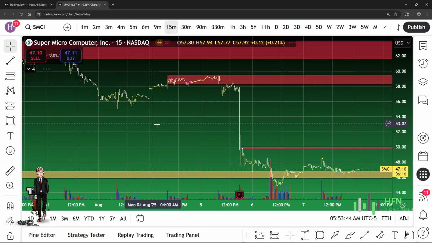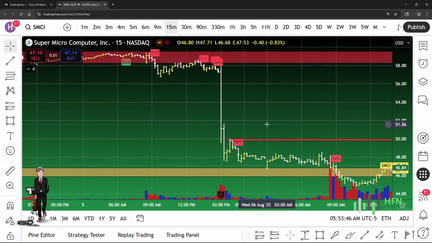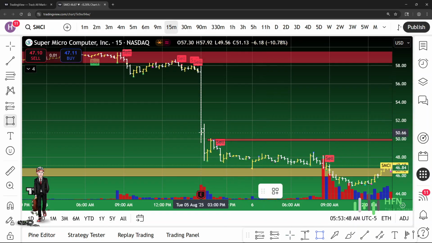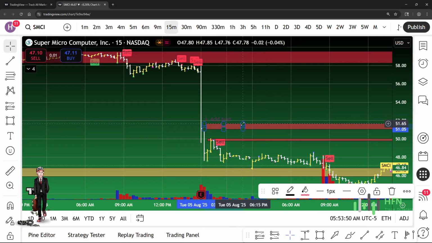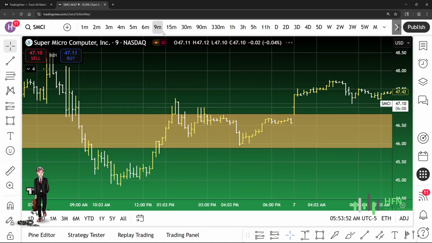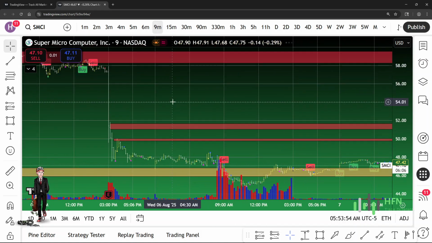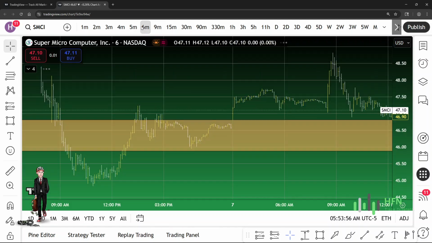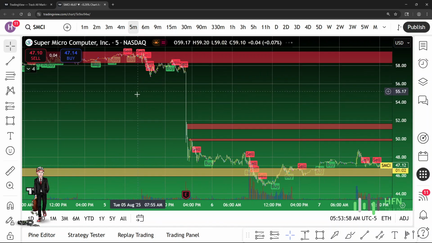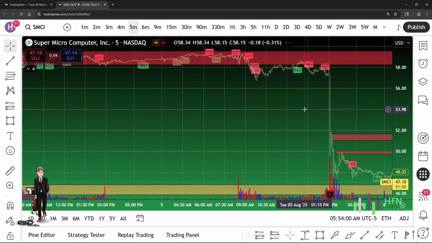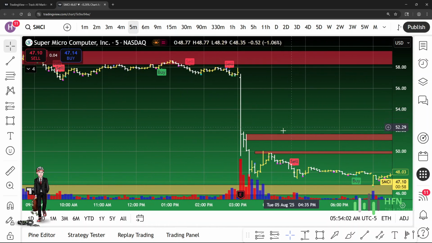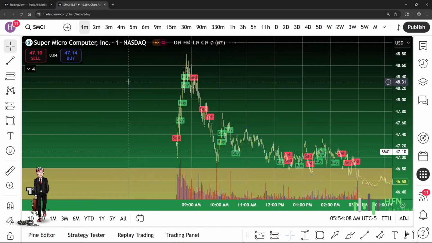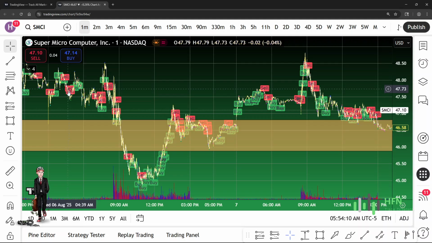Let's do this on the 15-minute. Okay, so we got one here on the 15. So this might be the upper area to where sellers could potentially be in SMCI. I'm going to look at this on 1 minute.